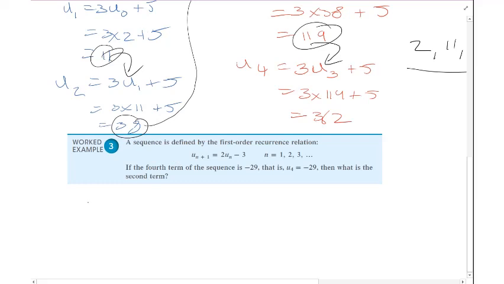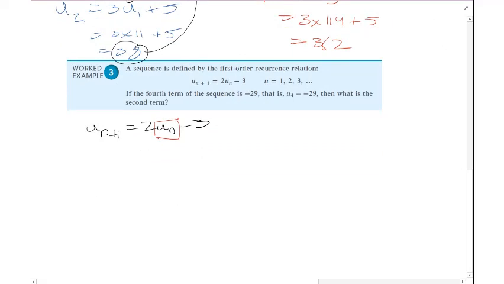so what I'm going to write out the equation here. U(n+1) equals 2Un minus 3. Now, in this case, we actually want this one. Okay, so we have to rearrange the equation. We have to transpose such that I get it in terms of Un. So how do I do that? I'm going to move the minus 3 across, and then I have to divide it by 2.